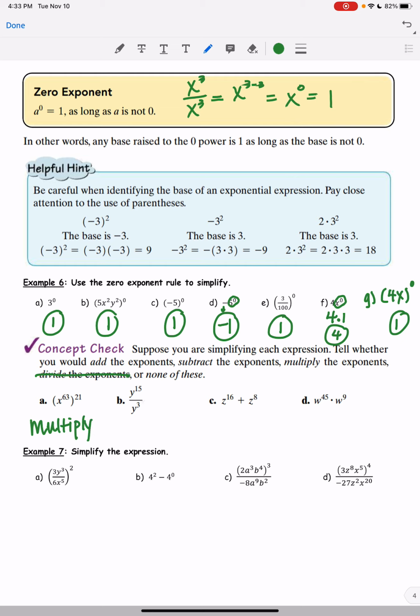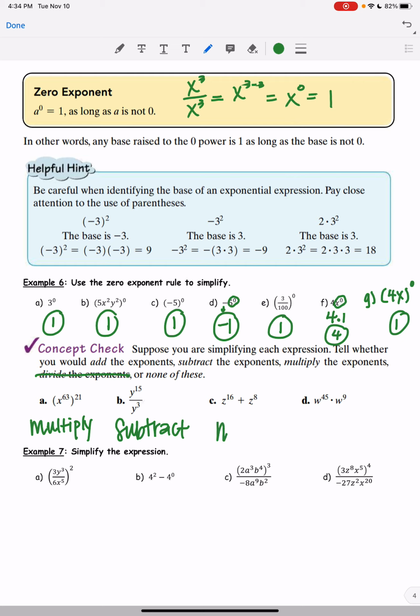B, y to the 15th over y to the 3rd. I think that might be why it has divide exponents here. Maybe that's what you think. You want to go y to the 5th. But this is your quotient rule, and your quotient rule tells you to subtract. Z to the 16th plus Z to the 8th. This one here is going to be a none.